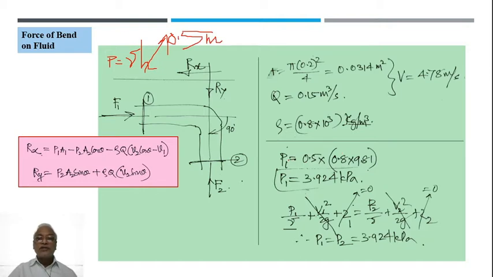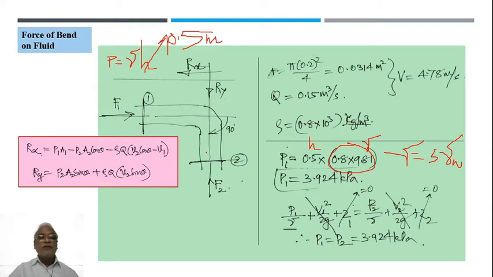So P1 is equal to gamma H, where gamma is specific gravity multiplied by gamma W, that's why it is 0.8 into 9.81, and this is H, the pressure head. That's how pressure is calculated. So this comes out to be 3.924 kilopascals, right?